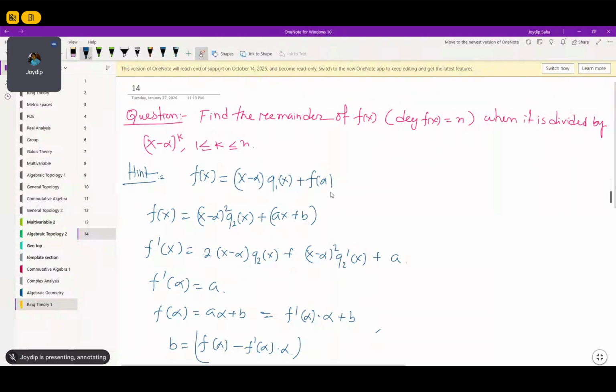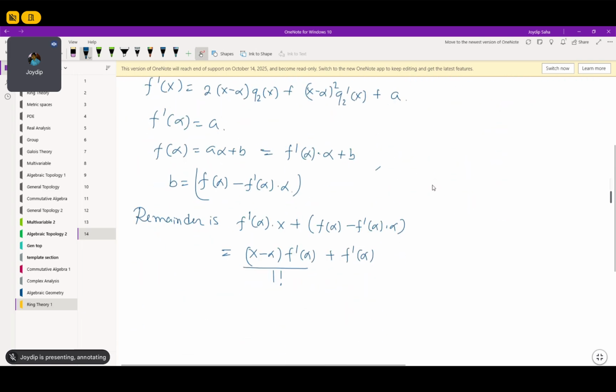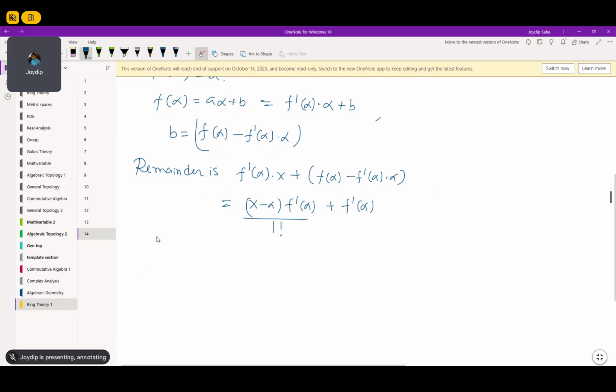Next, if I divide by (x - alpha) whole cube, then let f(x) = (x - alpha)^3 q3(x) + a1 x^2 + b1 x + c1. This should be the remainder. We have to find what a1, b1, c1 are.